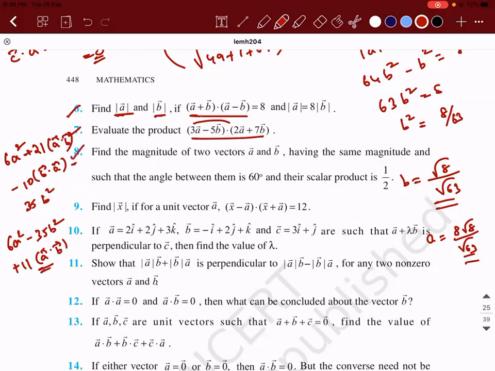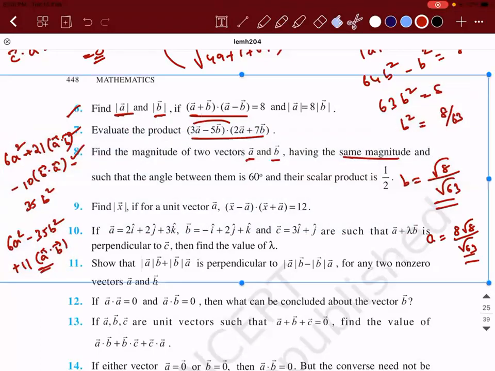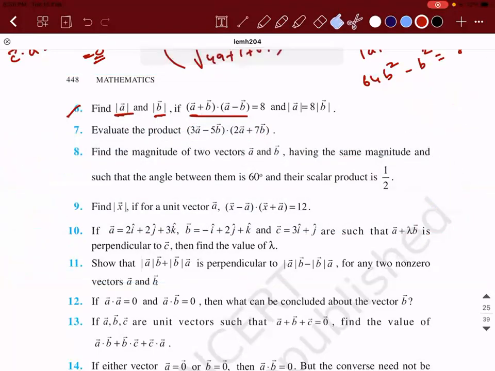Okay. Eighth one. Find the magnitude of two vectors A and B having the same magnitude and such that the angle between them is 60 degrees and their scalar product is half. So how to do this? Magnitude of A vector is equal to magnitude of B vector. We call it A itself.